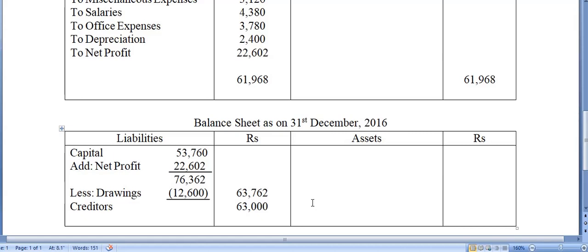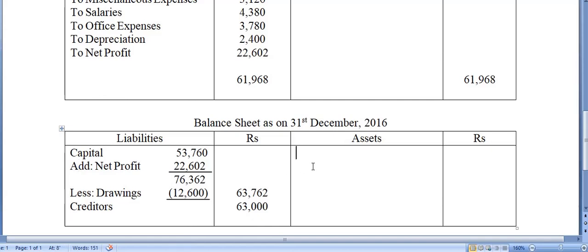And you can see this cash out here, this cash 53,760, is also already adjusted with these drawings, but from capital it has not been subtracted in the books of accounts, so you must subtract it. Now the asset side.